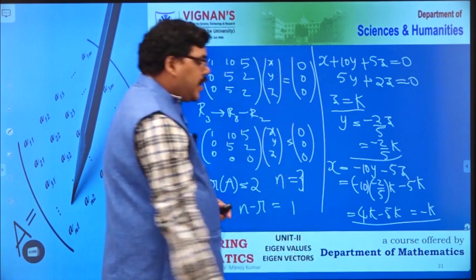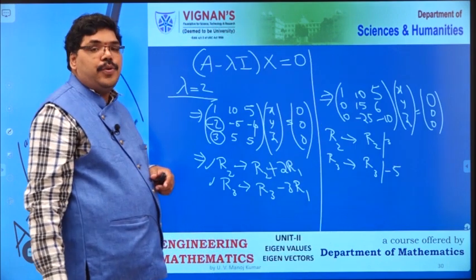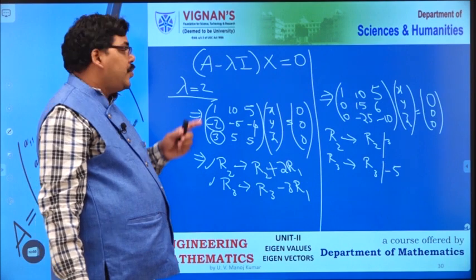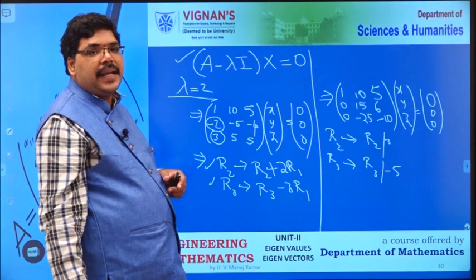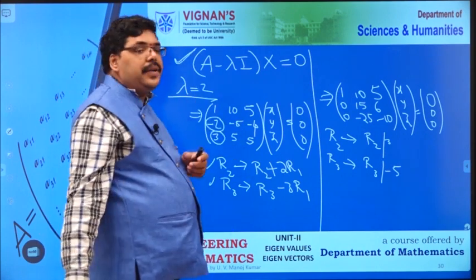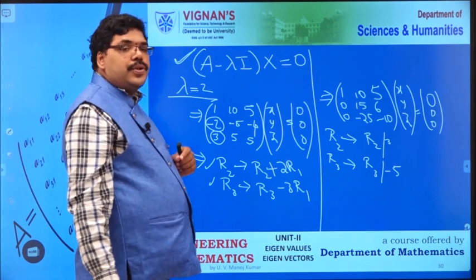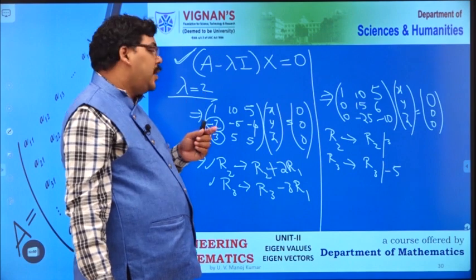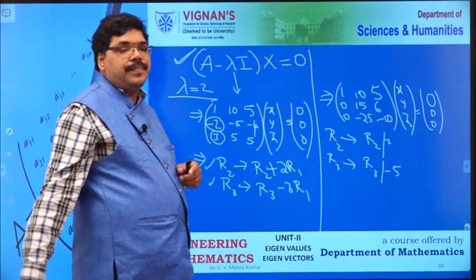So in this way, lambda equals 2, the eigenvalue. We are using the equation A minus lambda I into X equals 0 to find eigenvalues and eigenvectors. So for eigenvectors, we are using A minus lambda I into X equals 0. We have chosen lambda equals 2, because for lambda equals 2, A minus lambda I reduces to this matrix.